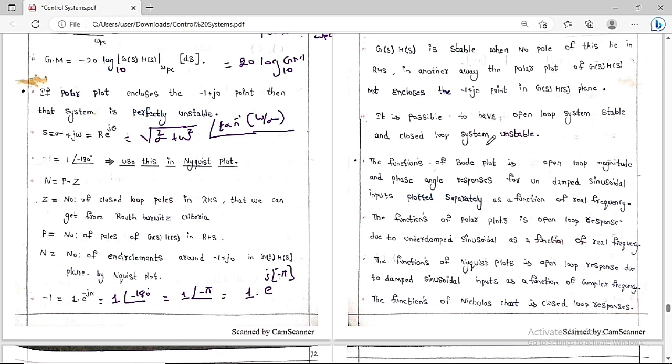It is possible to have open loop system stable and closed loop system unstable. I have already told you, if the open loop system is unstable, then with the help of feedback, we can make it stable. Suppose the open loop system is stable, with the help of closed loop system, it can also become unstable. So this point always you have to keep in your mind.